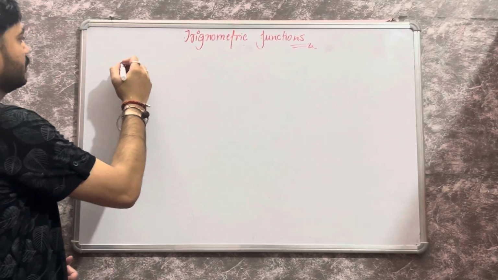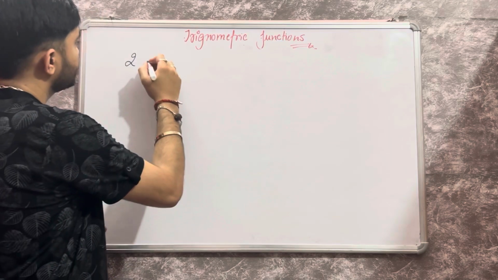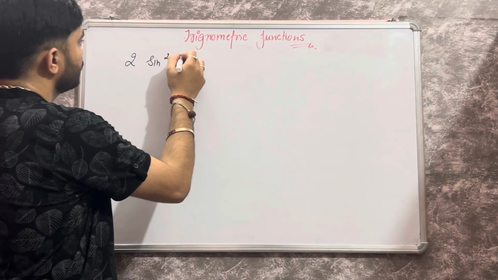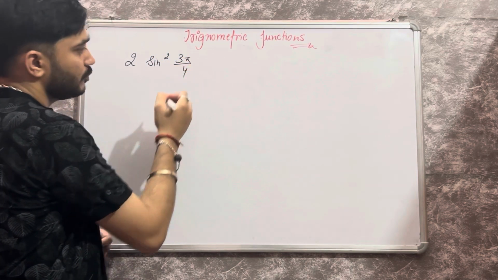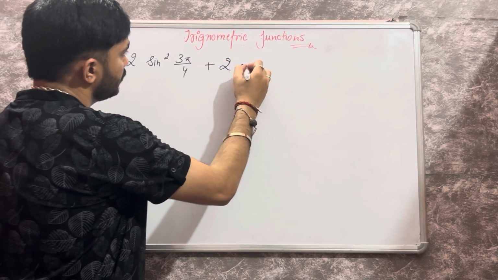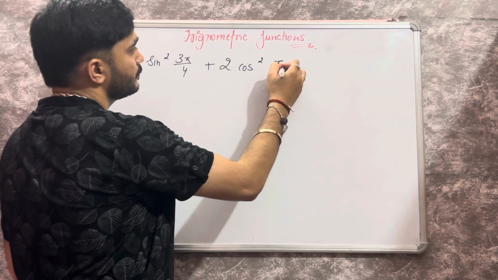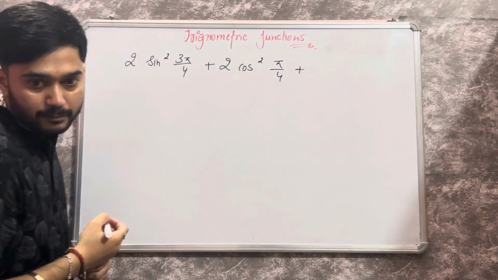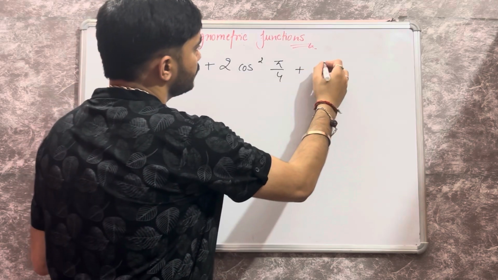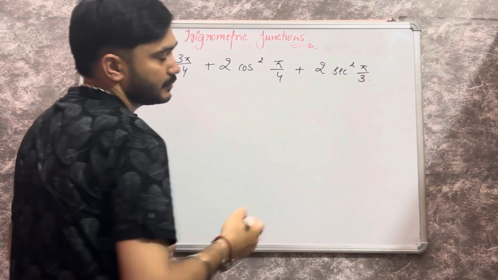The next question is 2 sin square 3 pi by 4 plus 2 cos square pi by 4 plus 2 sec square pi by 3.